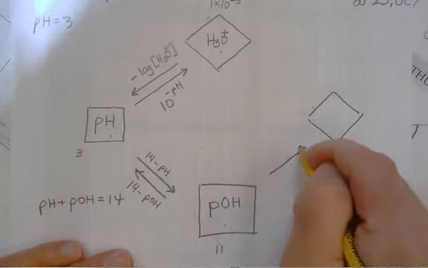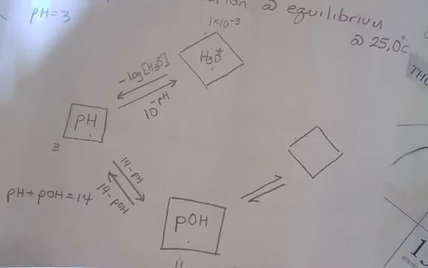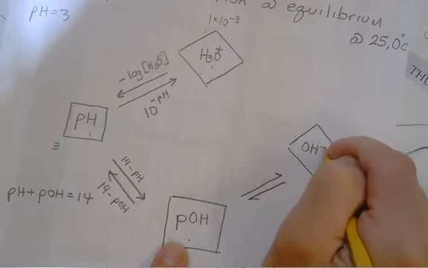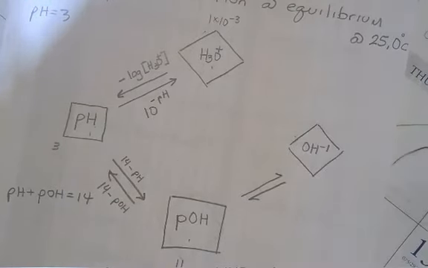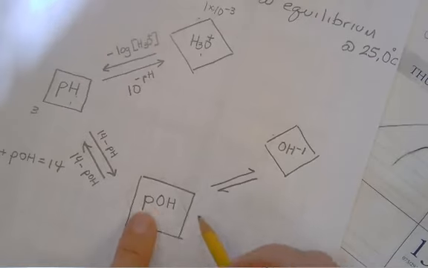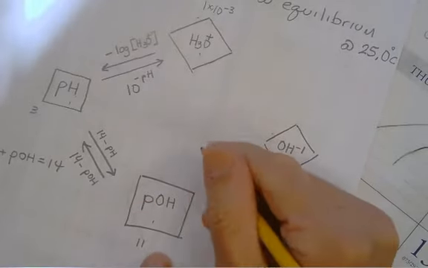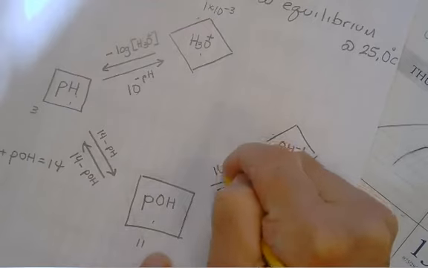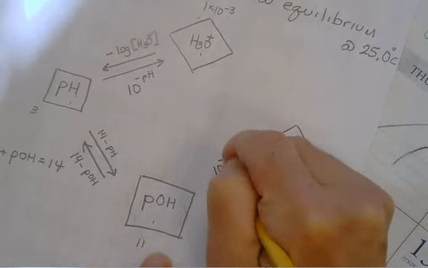Let's get from here to here. How do I get from here to here? This one is OH. If I have the pOH and I want the hydroxide ion concentration, I have to do the same thing I did over here. I have to take 10 to the minus pOH.